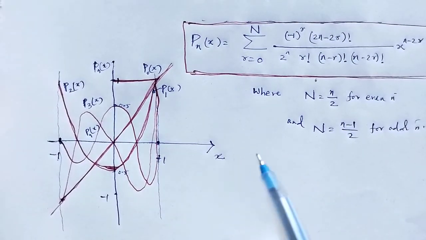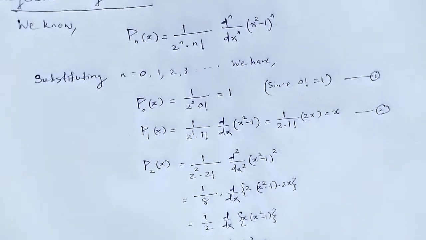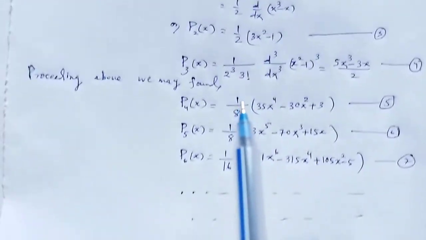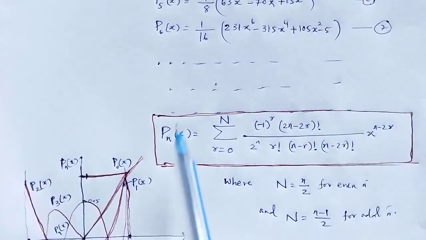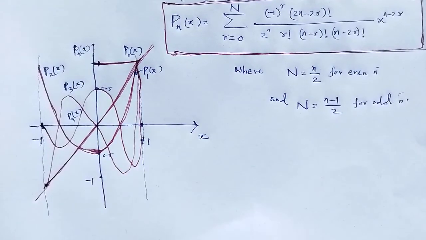This is the x axis in the range -1 to +1. These are Legendre polynomials by using Rodrigues' formula, and we finally get the general formula. This is the graphical representation.